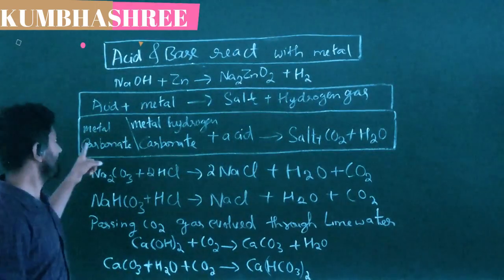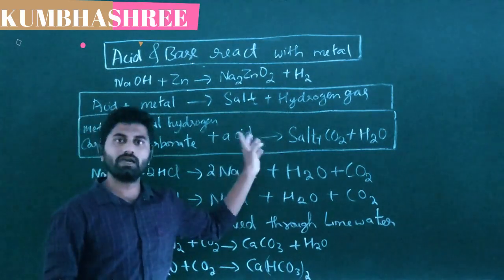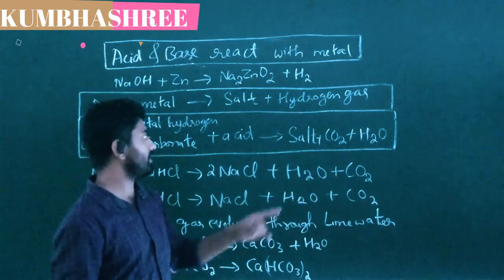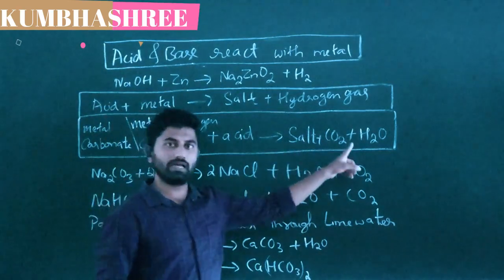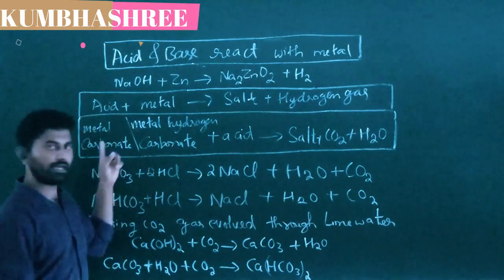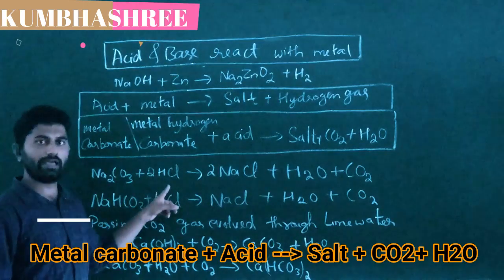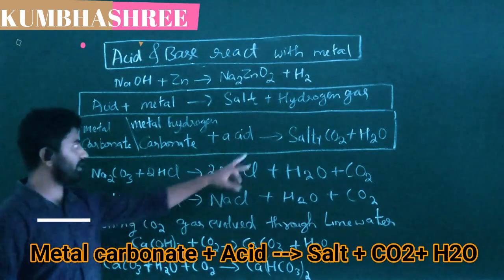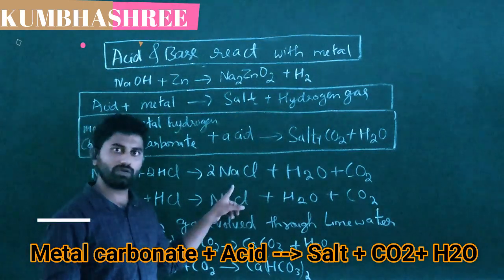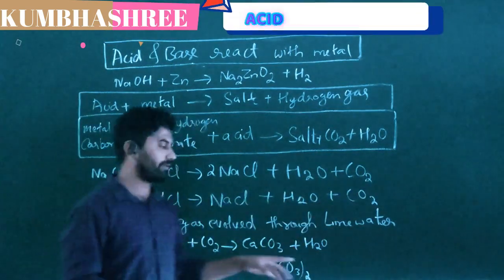When a metal carbonate or metal hydrogen carbonate reacts with an acid, what will you get? You will get salt plus carbon dioxide and water. I took the example of metal carbonate, that is sodium carbonate. When it is reacted with hydrochloric acid, you get salt, sodium chloride, and water along with carbon dioxide.